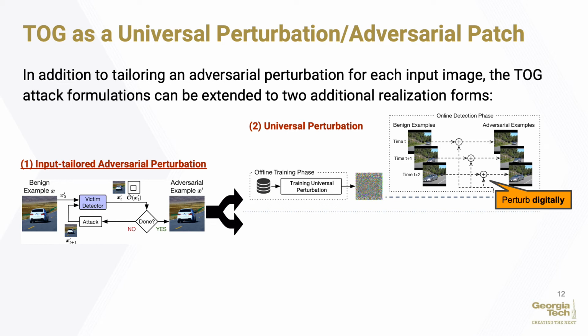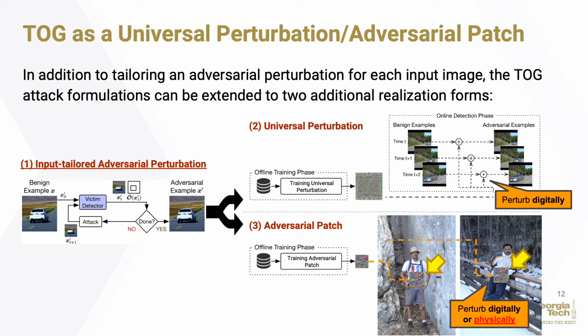So far, the two forms of realization are both allowed to perturb the entire image digitally. The third form is called adversarial patch attacks, which trains a small patch offline such that when an object is attached with such a patch filled with malicious patterns, the object detector will misbehave.